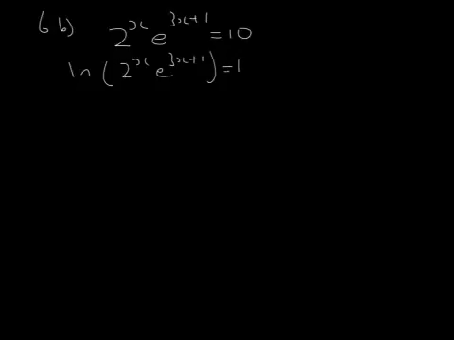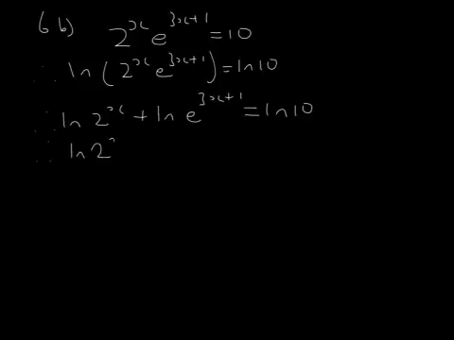In question 6, part B, we've got 2 to the x times e to the 3x plus 1 equals 10. So let's take ln of both sides. Ln of 2 to the x times e to the 3x plus 1 equals ln 10. Ln of two things multiplied together is ln of 2 to the x plus ln of e to the 3x plus 1. So ln of 2 to the x plus, well, ln and e cancel out, they're inverse operations.